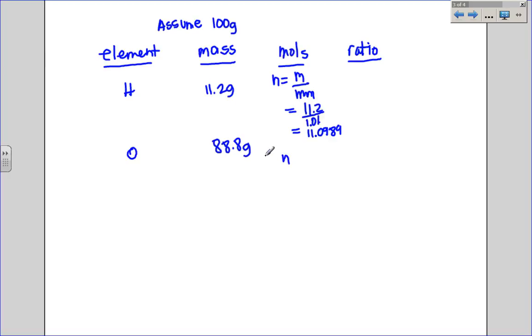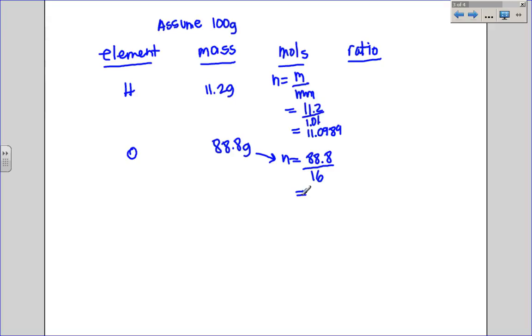Now, a big piece of advice for dealing with these charts is to carry a lot of significant digits. Okay, what you're going to find is that ultimately we're going to want whole numbers for our final answer. And if you round too early, you might end up with data that you're not really sure about and it's unclear to you how to round.